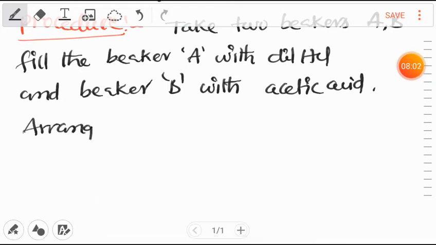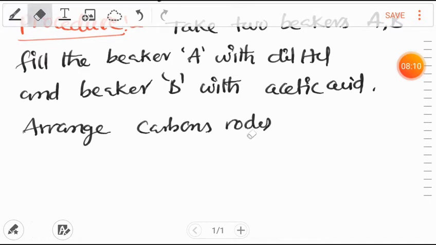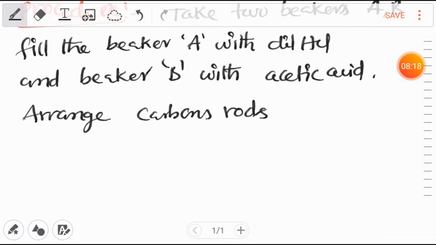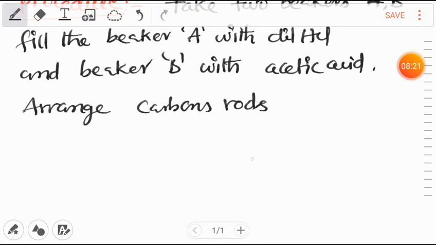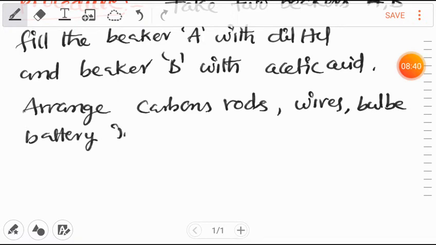Next point, arrange carbon rods. It is very difficult to read the textbook and write all the matter present in the textbook. That's why I'm writing the notes in a very short way, and based on this you can write your own. Connect wires, bulb and battery in series.